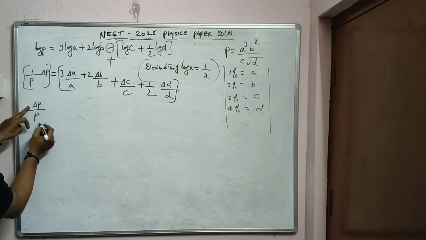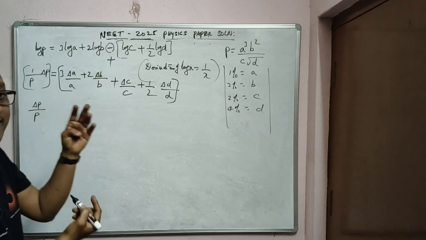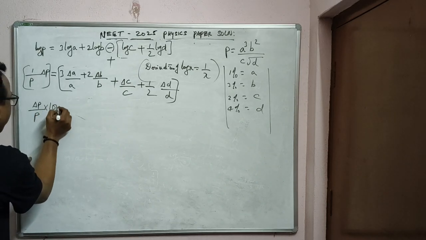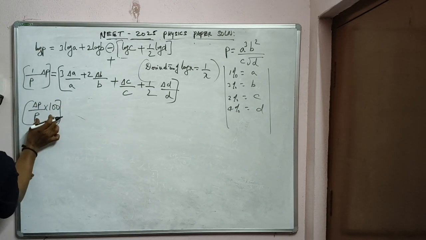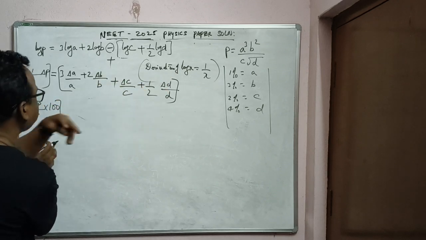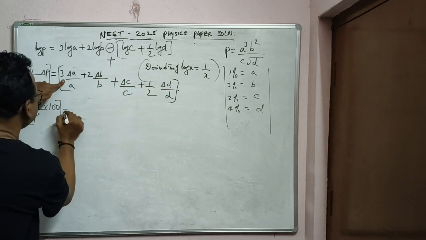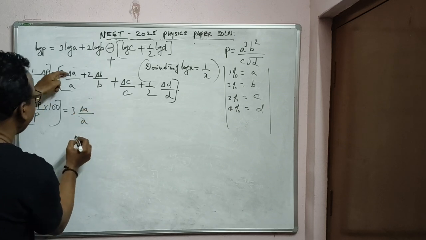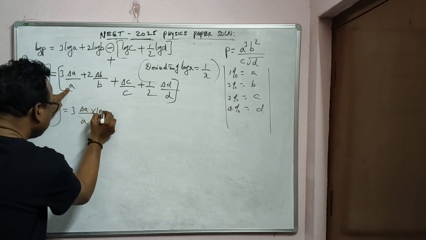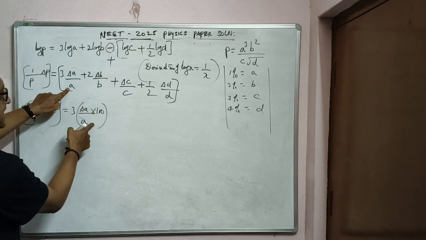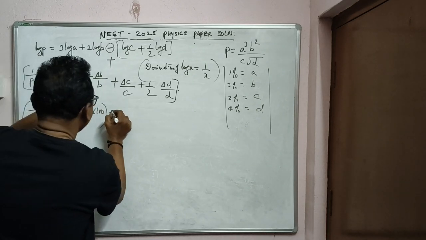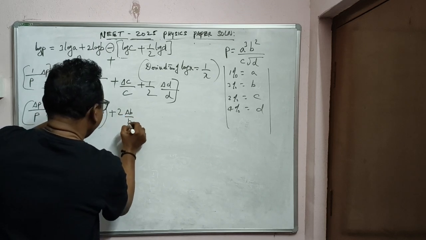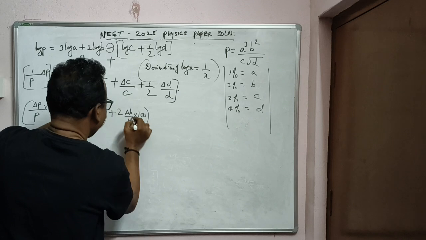Delta P by P means relative error. Percentage means into 100. This is the percentage error in P. In the same way here, 3 into delta A by A, relative error into 100. This is the percentage error in A. The same way for this, 2 into relative error, so percentage means delta B by B into 100.